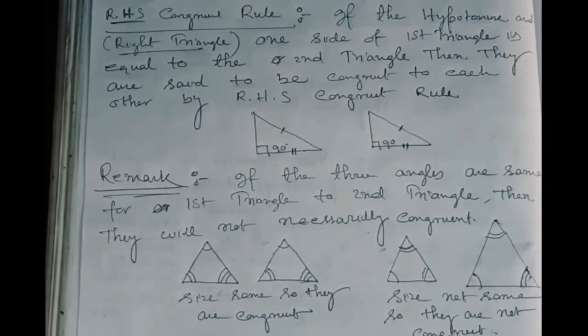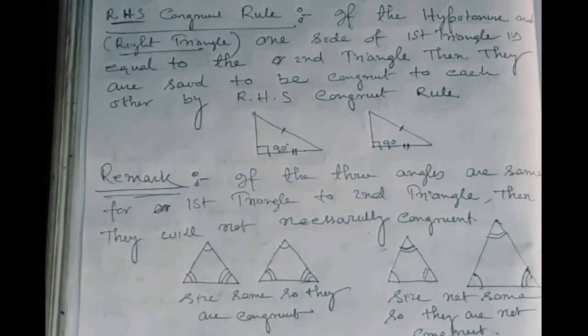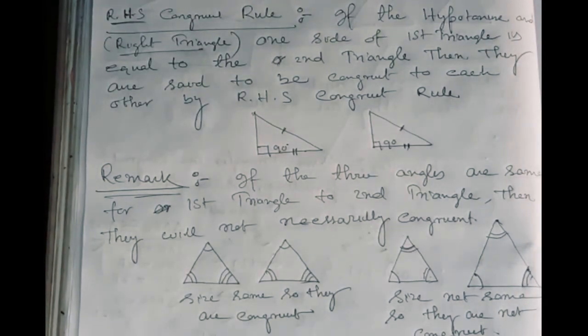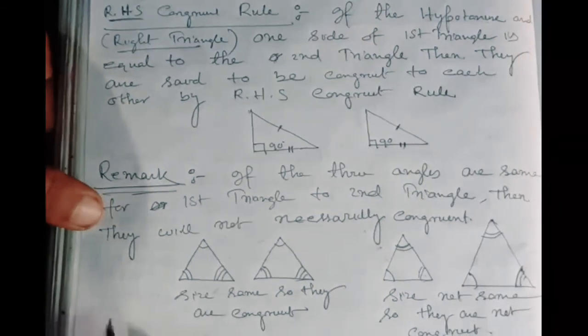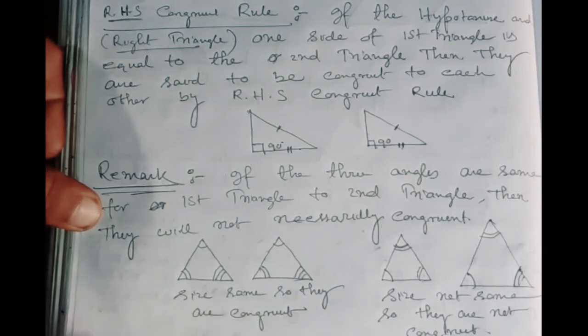Okay, next, congruence and area. It is clear that two congruent figures are equal in area, but there can be two figures which are equal in area and may not be congruent. That we have to remember.